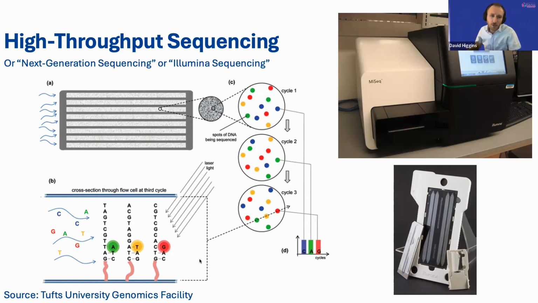The molecules run through the channel and get stuck, so you get these little short molecules of DNA strands affixed to the glass. Then by washing different colored nucleotides through the flow channel, taking pictures, and tracking how the colors change, we can read the order of the base pairs at each of those individual spots.